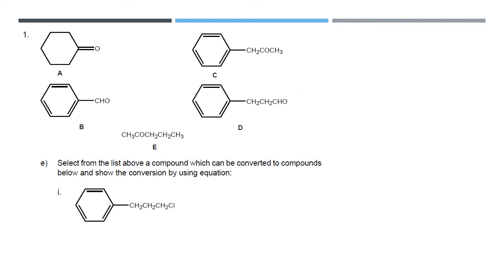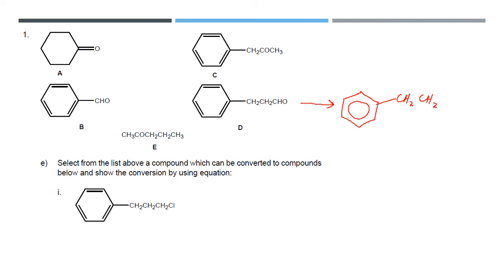aldehyde, let's do reduction first. Basically, the previous question is giving us a clue on what to start with when doing this conversion. So I like drawing phenyl like this. This is our CH2, CH2.